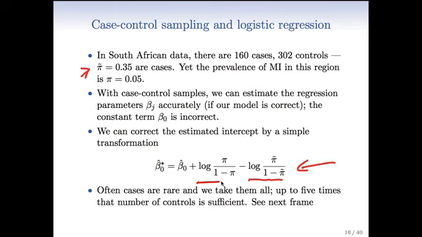And here's the logit transformation of the true risk, which is pi, in this case 0.05. And so we take the logit transformation of those two, and we correct the intercept. This is the currently estimated intercept, and we correct it by adding in the log odds of the true probability, subtract the apparent one. That corrects the intercept.